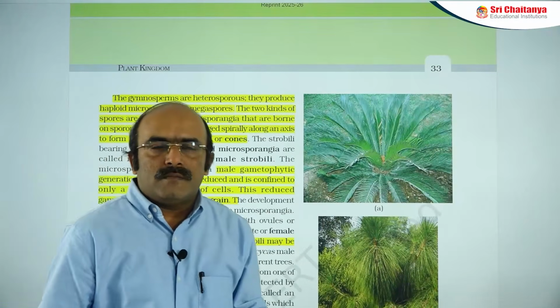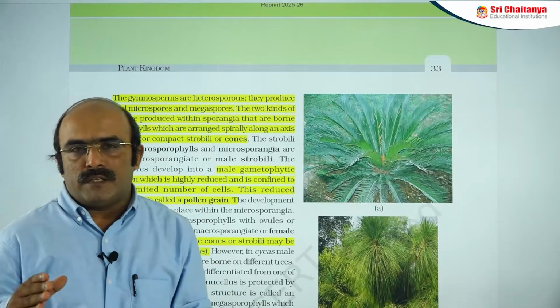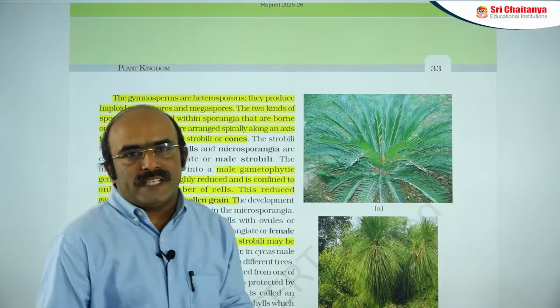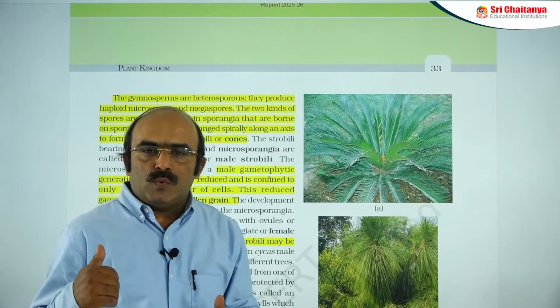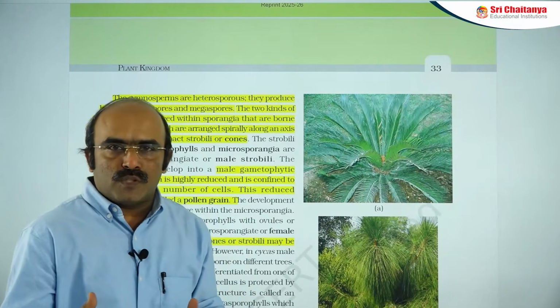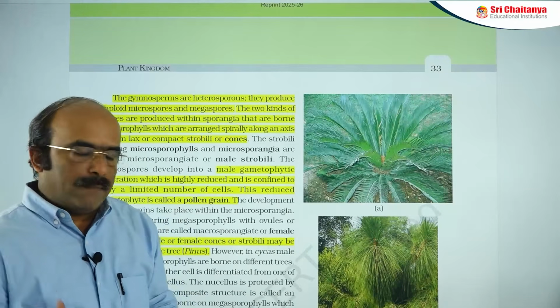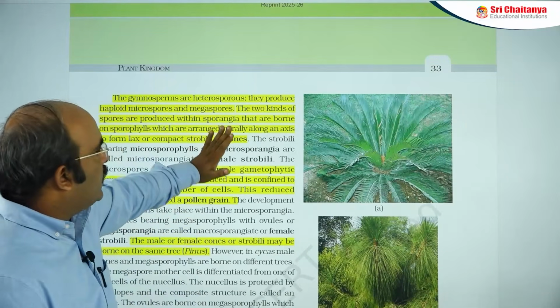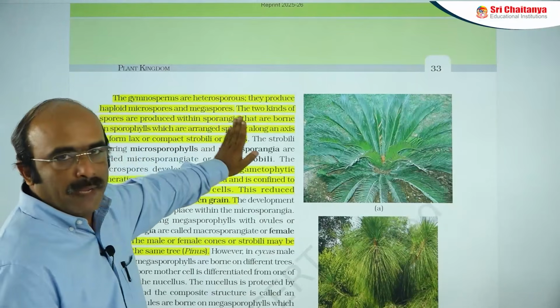All Gymnosperms are heterosporous. This is a contrasting statement when compared to the previous group called Pteridophytes, where we discussed that majority of them are homosporous, some are heterosporous, which are specific examples. Now here all are heterosporous because they produce microspores and megaspores.